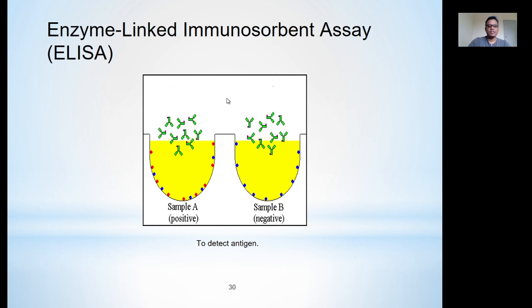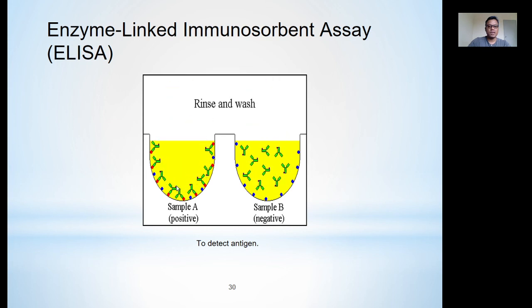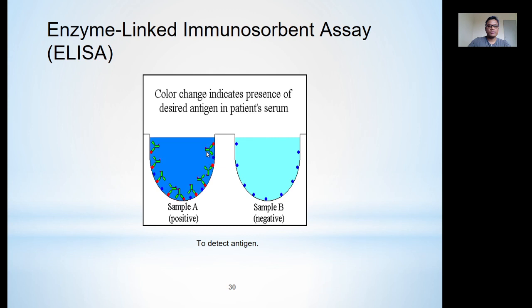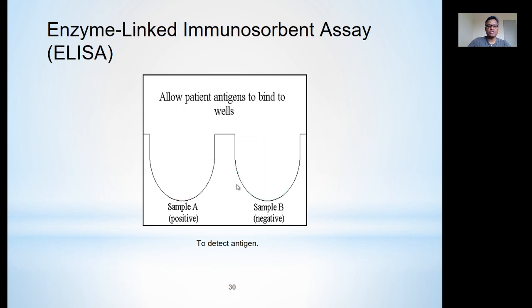And enzyme-labeled antibody will be added, containing enzyme, and then rinse. The negative will not bind. After that, substrate will be added, and the reaction between enzyme and substrate will produce a color reaction for positive and no reaction at all in the negative, because this patient does not contain the red antigen that we are looking for.